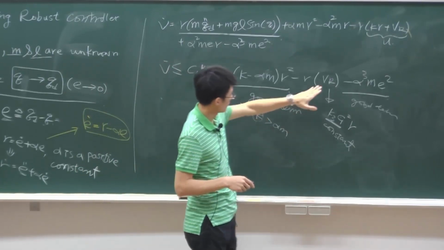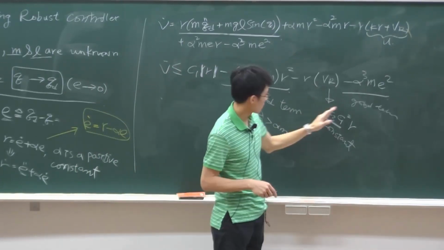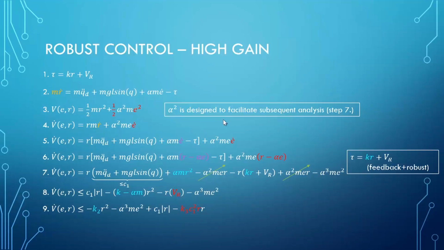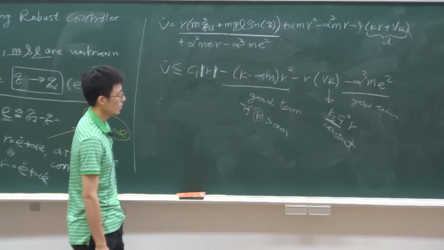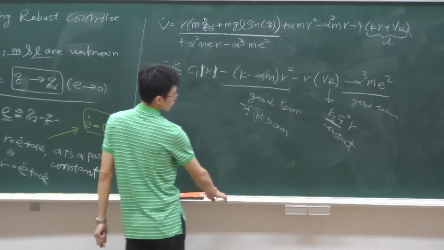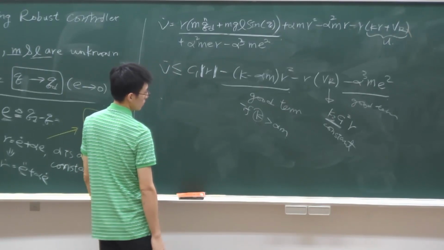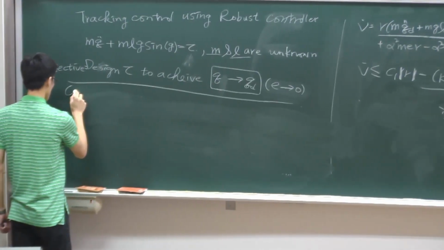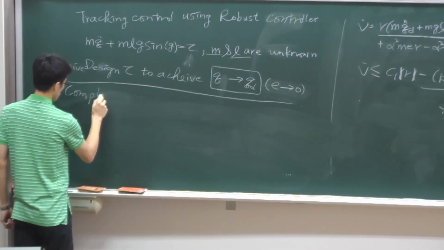Although the robust term VR is designed the same as feedback control, the same as the KR term before VR, they have the same structure but the functionality is different. So that's why I put K3 C1 squared here, which is another constant. You will understand why I put this structure in a few minutes. So let's do these two terms. Let's try to complete a square.